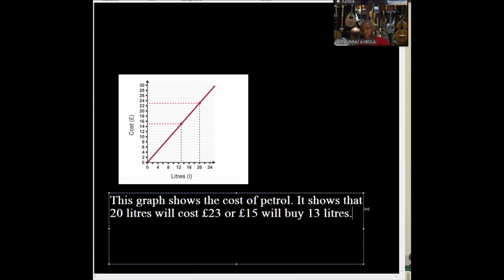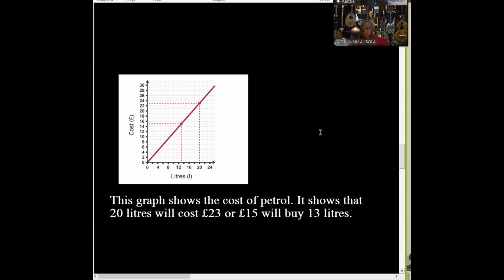Since we can see the units on the graph, the unit on the left is the amount, that is the cost, which is pounds. Then the unit at the bottom is liters, which is the volume of fuel.